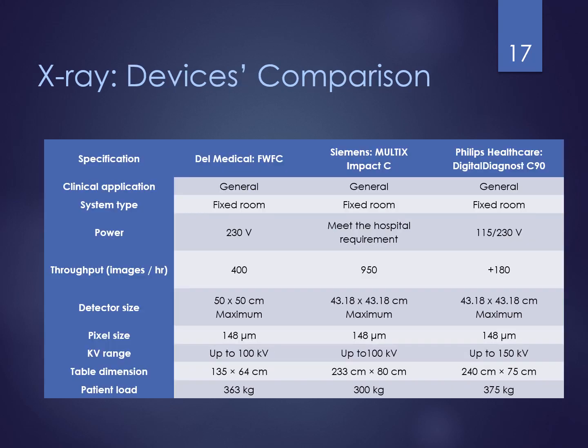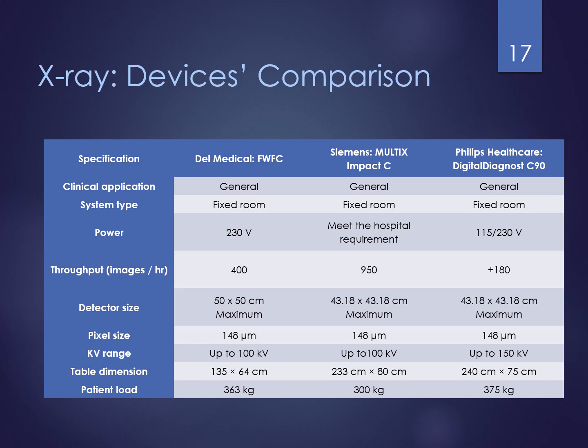Here we are comparing three different X-ray machines, which are Dell Medical FWFC, Siemens Multi-Impact C, and Philips Healthcare Digital Diagnostic C90. For the clinical application, all three machines are for general purposes, and the system type is fixed room for all.